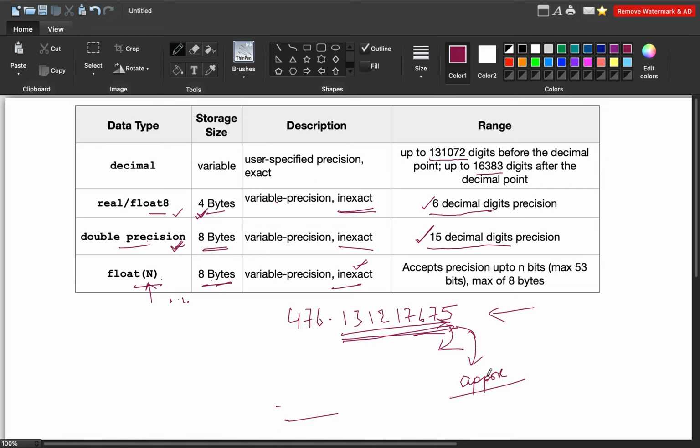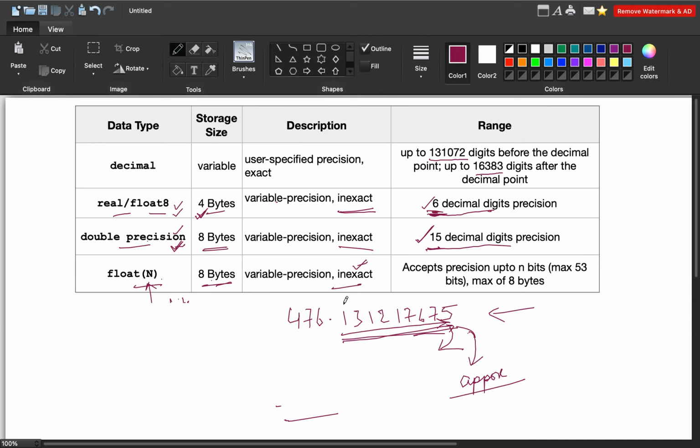Why an approximate value? Because both real and double precision have a limitation with the number of digits they can store after the decimal. So for example, let's say I'm trying to store a value in a field or a column which is defined as real or float, which can only accept 6 digits after the decimal.